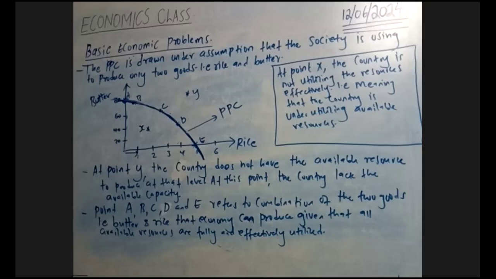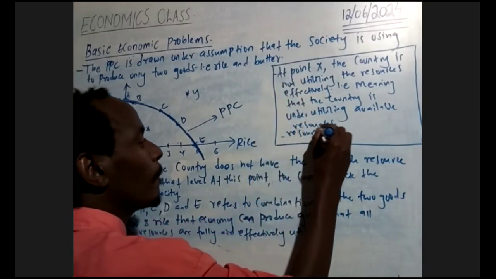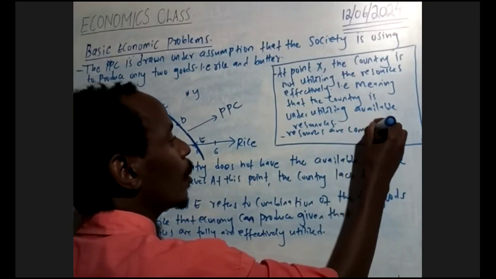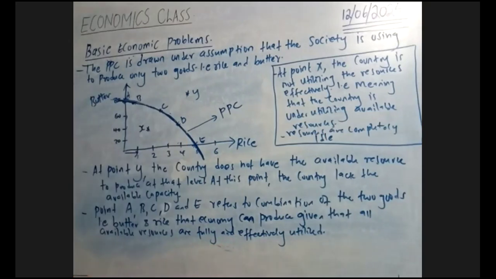So we have point X, which we already discussed. At point X, the resources are completely idle. You can also add this: resources are completely idle, or they are not efficiently utilized.